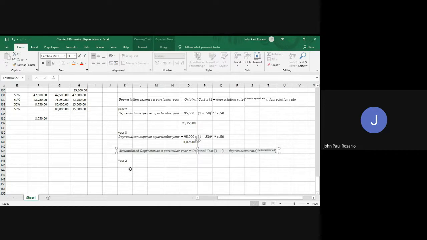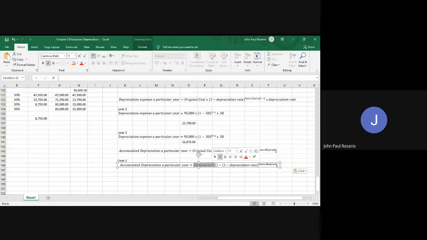Okay, so for example, on year 2, let's see if this formula would pull through. Original cost is 95,000, and then the depreciation rate is 0.5, and we raise that to the years expired, which is 2 years.